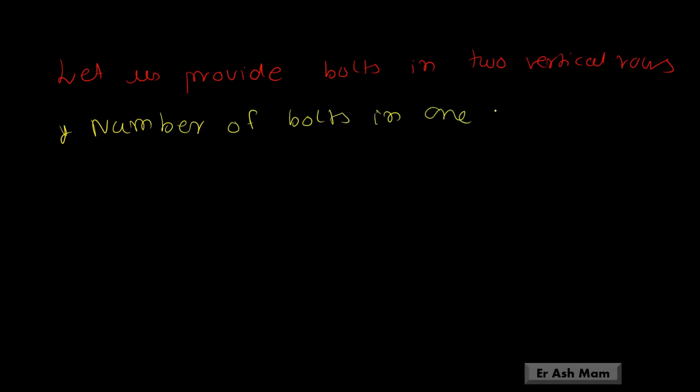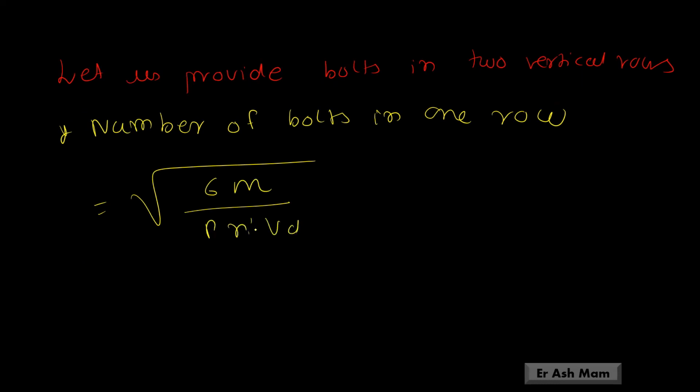The formula is root of 6M upon P n dash VD, where n is number of rows, which is equal to 2. VD, as we already calculated, strength of bolt is 45.27. Next is moment. Moment equal to force into distance. We know that load in reaction is 240 kilonewton and eccentricity is given.